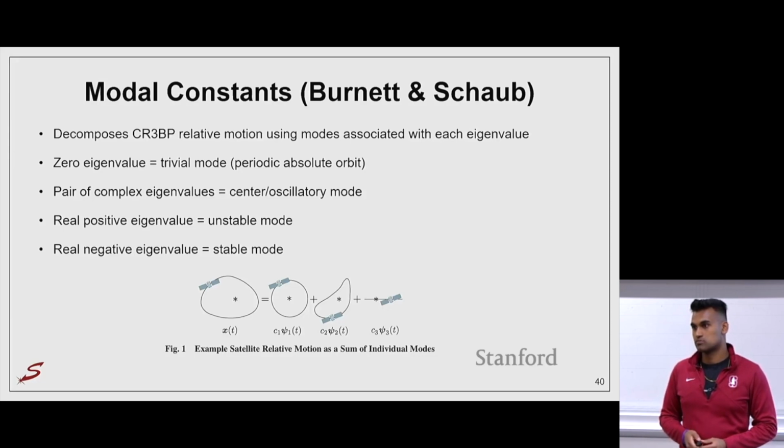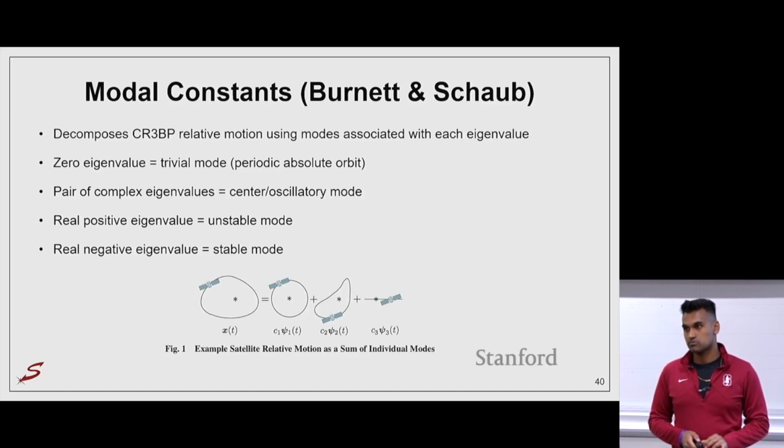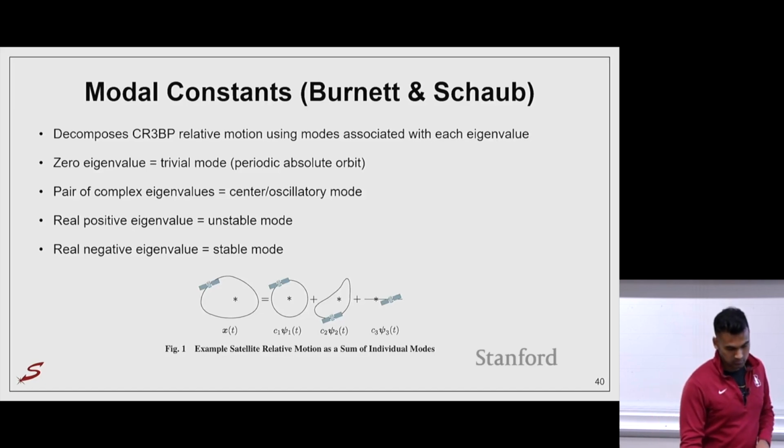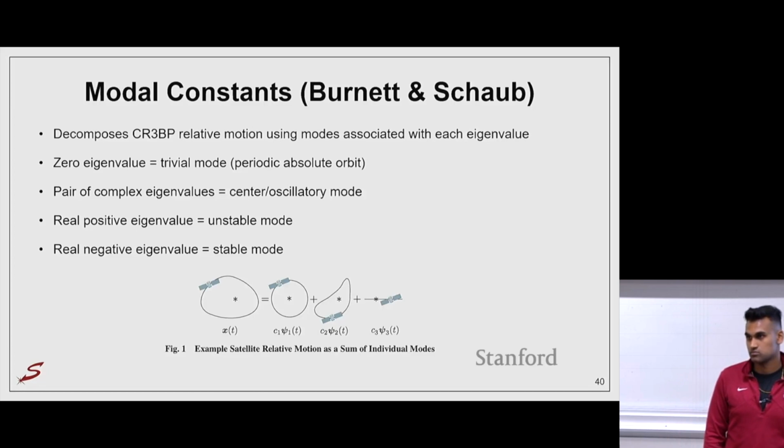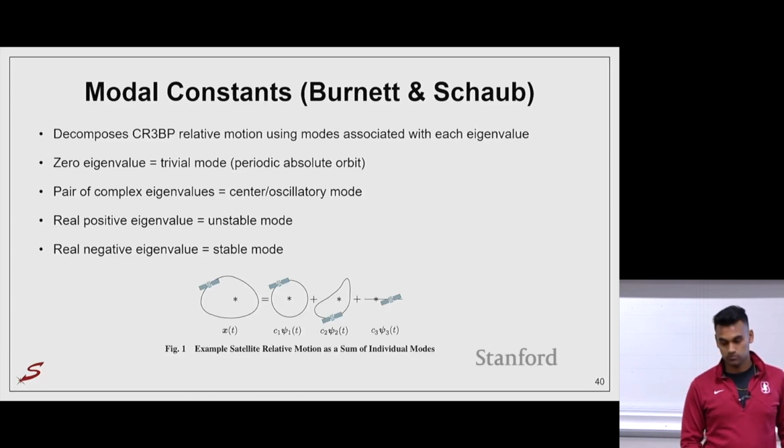I'd like to make a comment which is a little bit counterintuitive. When you do the comparison or analogy between the two-body problem, the ROEs, and the restricted three-body problem, if you go back to that slide.